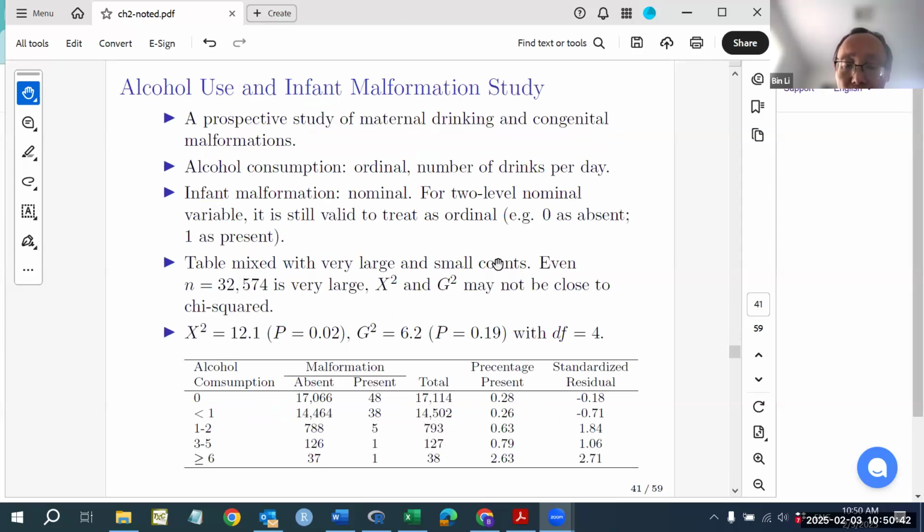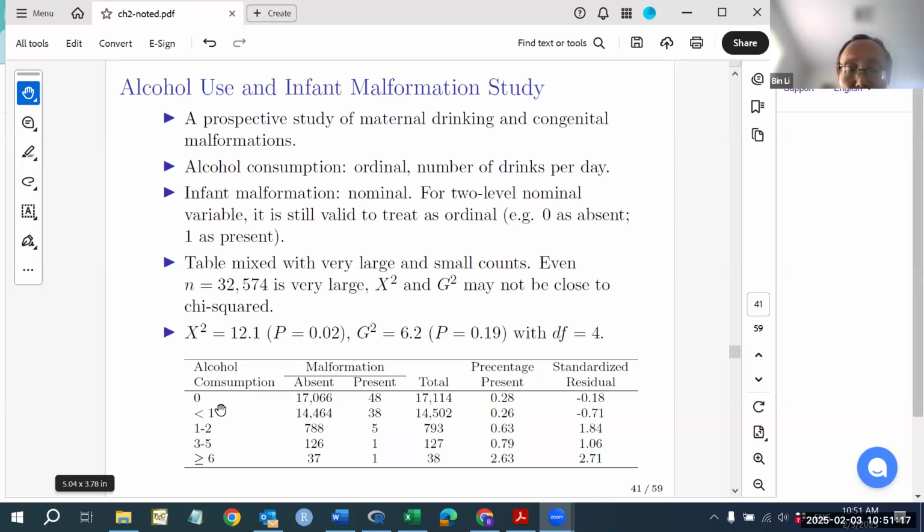Okay, so let's see. Here is the example. Here the x is the alcohol consumption. We have 5 categories. The first one is 0, which means the subject does not drink alcohol.